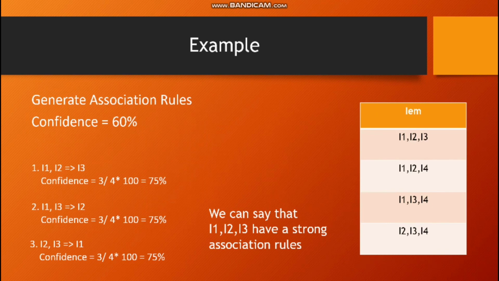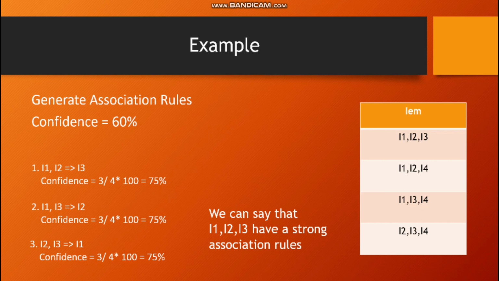From the previous tables we got this table: I1 I2 I3, I1 I2 I4, like that. Now we are creating association rules. We have confidence of 60% and we see the confidence formula.